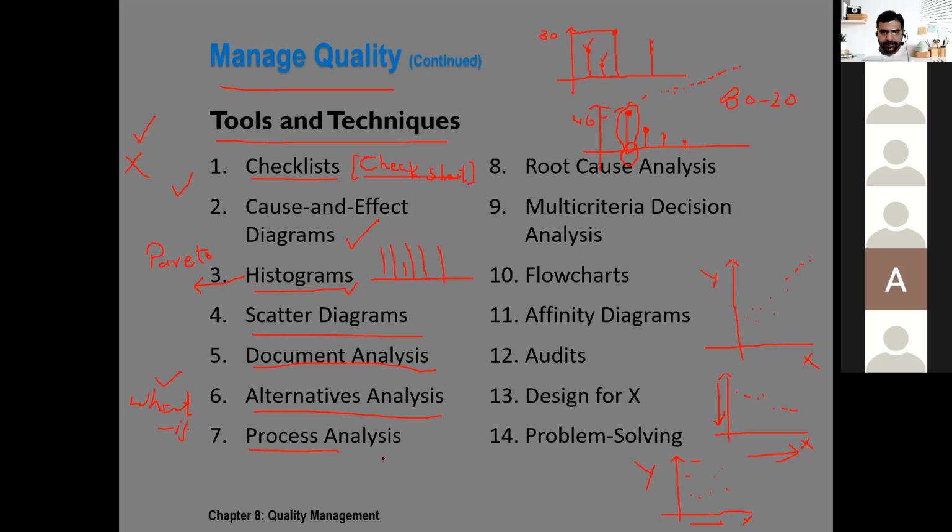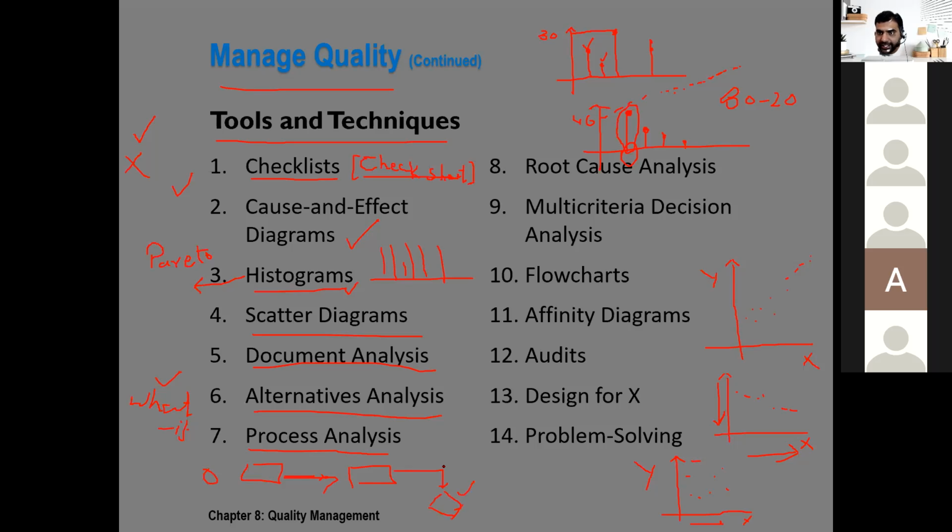Process analysis, we looked at previously. We draw our processes from start to end, and we investigate how many steps this process takes, how many components are there, how many different roles and responsibilities are there, how many interfaces are there, how many decision-making blocks are there.